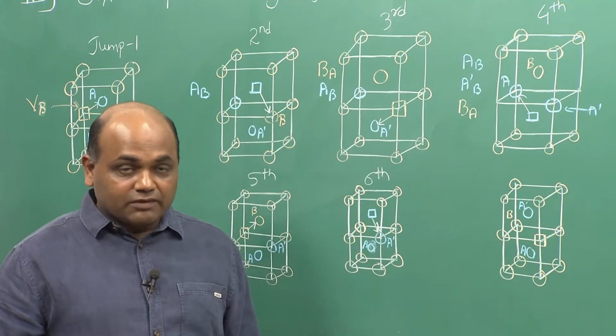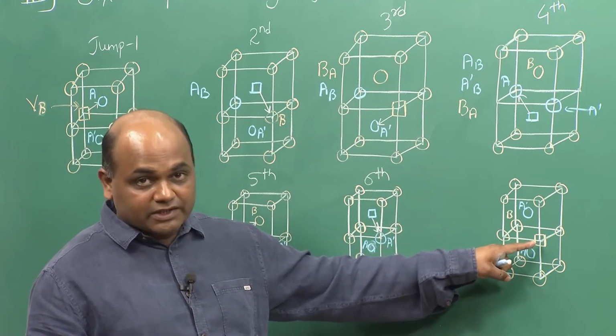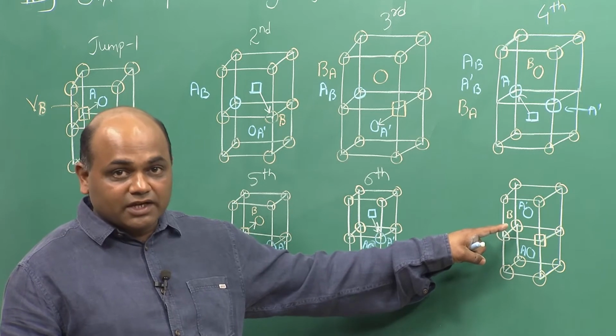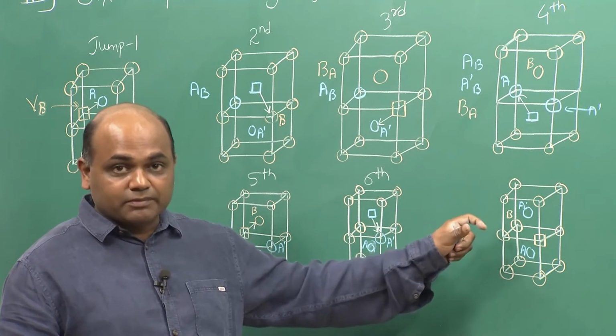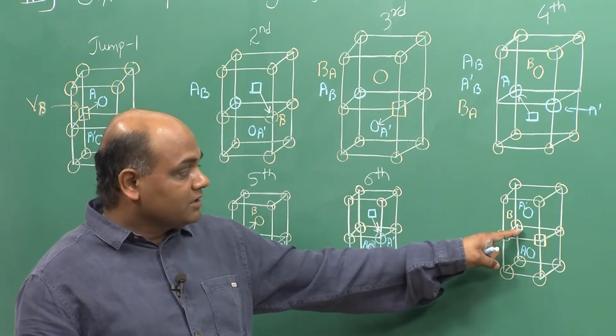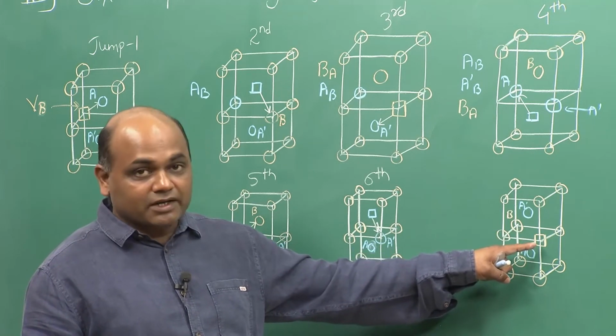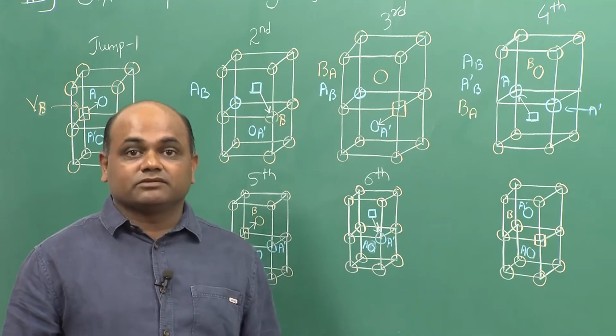After the sequence of 6 jumps of this vacancy, 2 A atoms which were next nearest neighbors of each other have swapped their position, and the vacancy on B sublattice has swapped its position with a B atom along the 110 direction.